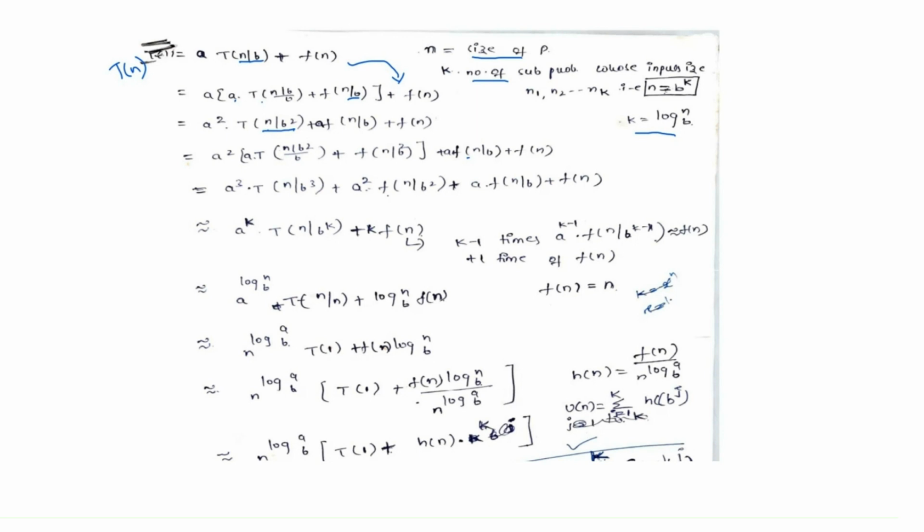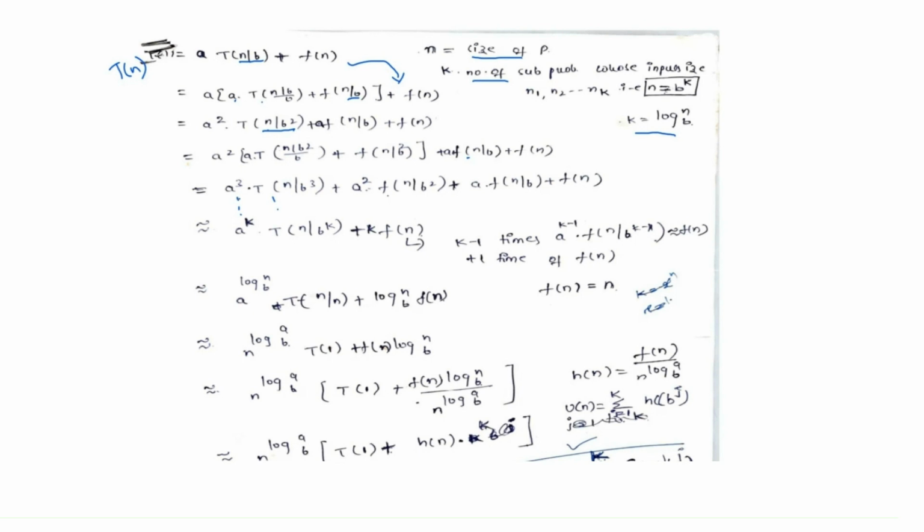So now it becomes a cubed T(n/b cubed) + a squared f(n/b squared) + a·f(n/b) + f(n). So like this I can generalize the equation. I can say that it is a power k times T(n/b power k) plus, if you observe here, a squared f(n/b squared) and a·f(n/b) and so on up to f(n).